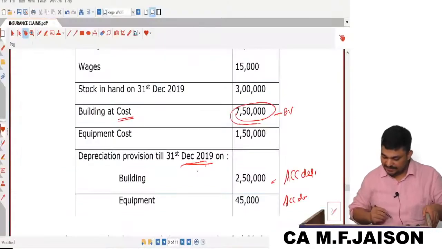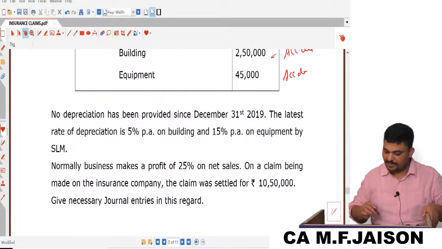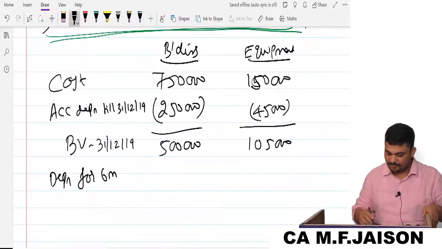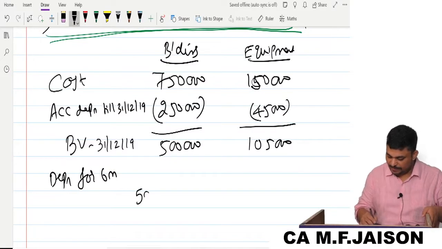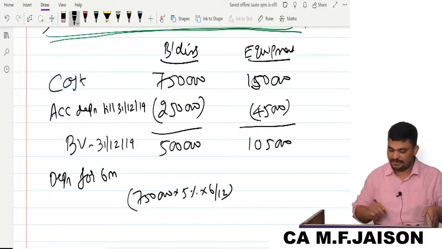What is the rate of depreciation? The rate of depreciation is 5% for building, 15% for equipment. So it is 7,50,000 into 5% for 1 year, so for 6 months, 6 by 12, it is 18,750.